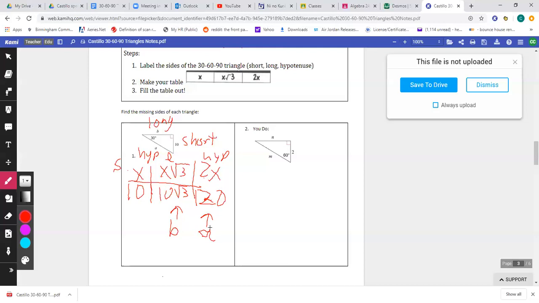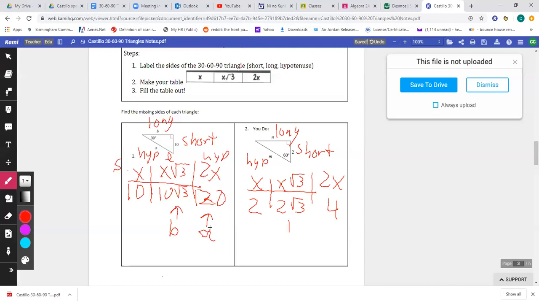Okay. So once again, first step, always label your triangle. If it's a 30, 60, 90, short, long, hypotenuse. And then if I do this, my short here is 2. So that automatically makes my long 2 root 3. And that makes my hypotenuse 4, right?